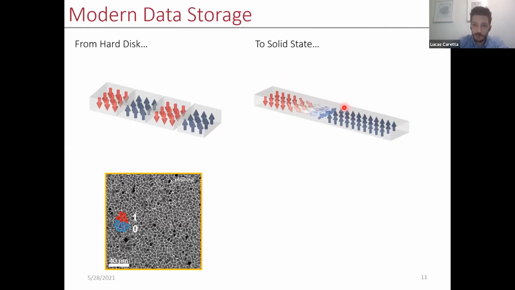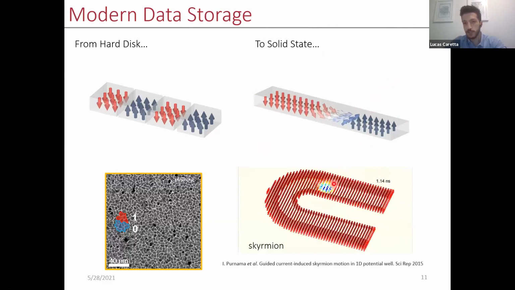Now, if you can conceptually drive these domain walls back and forth, you can effectively move these bits in the material in solid state. This has also been conceptualized using 2D variants of domain walls such as skyrmions as well.